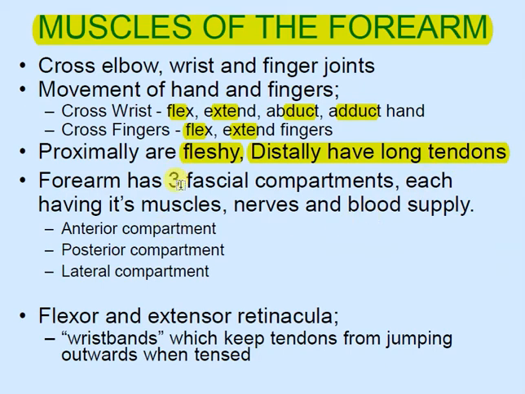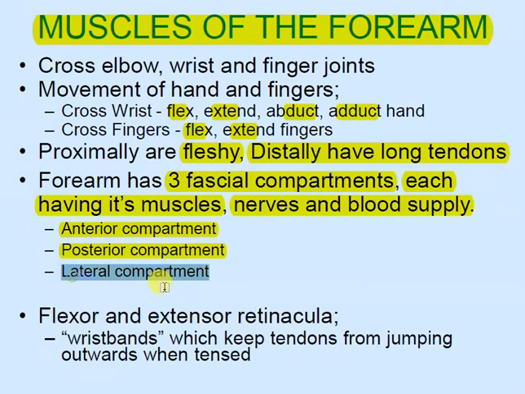For example, there are 3 fascial compartments, each having its muscles, its nerve and blood supply. The forearm has 3 fascial compartments: anterior, posterior and lateral.